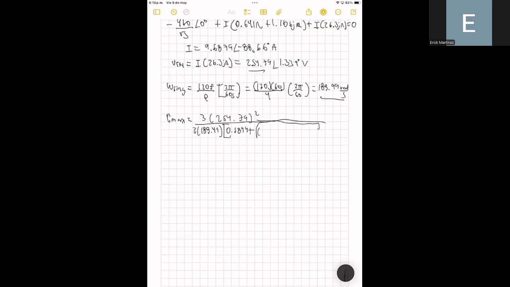We'll have 0.5899 squared plus 1.075 plus 0.4664 squared. And we have these values here. So the maximum torque is equal to 230.8297 newtons.